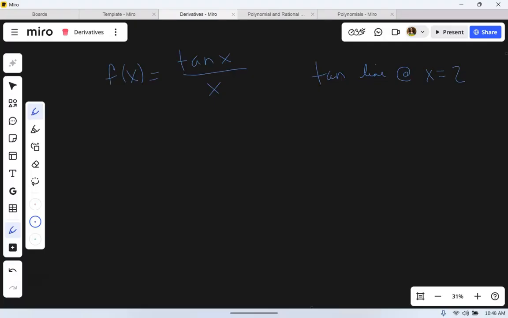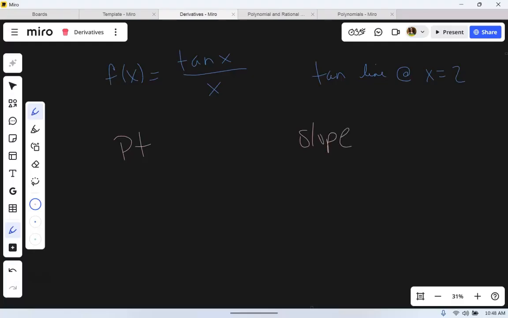What do I need to write the equation of a tan line? The derivative gives me the slope. I need two things to write the equation of a line: a point and a slope. Anytime I see tan line, not to be confused with this kind of tan, I know I need a point and a slope.